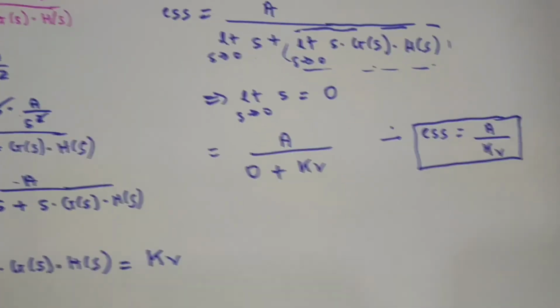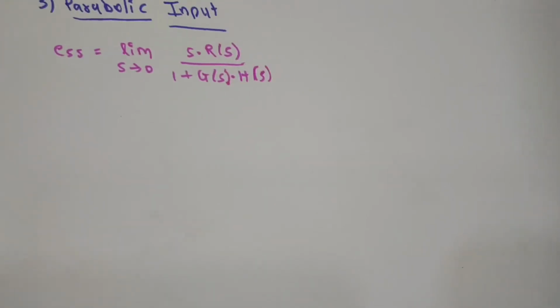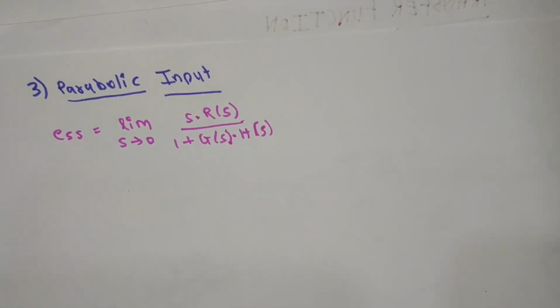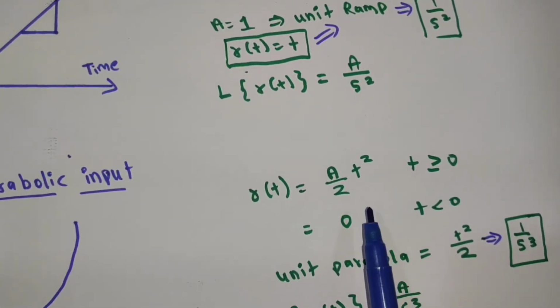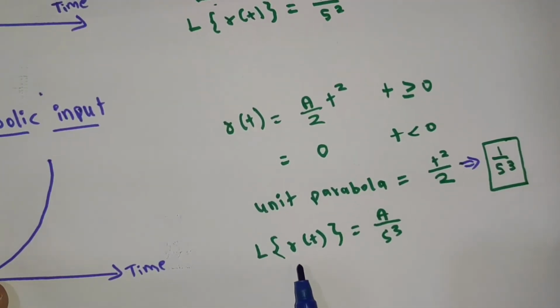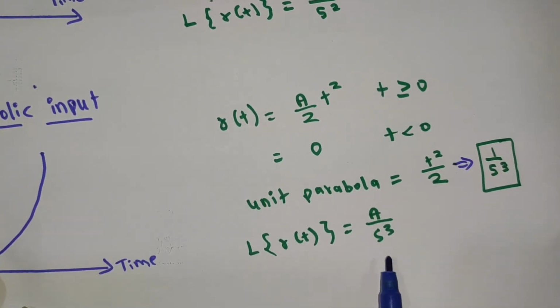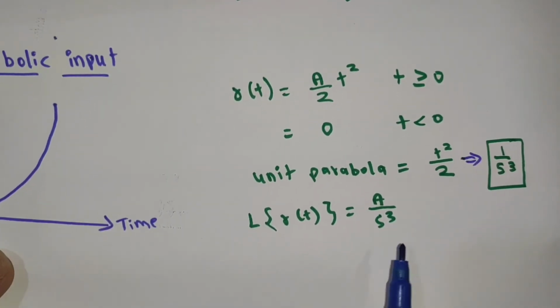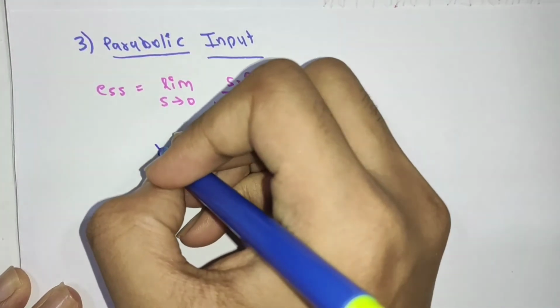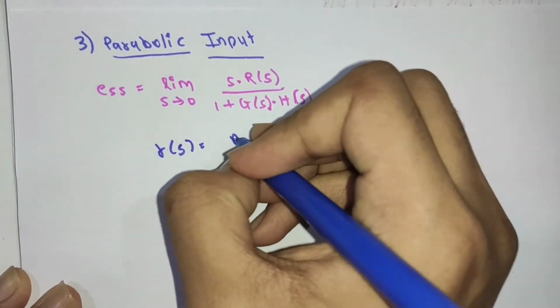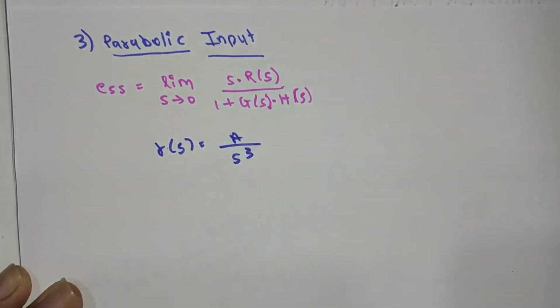Now let's see what happens when a parabolic input is applied. Now for the parabolic input, the condition is already seen by us in the previous lecture. So the condition is, for the limit r(t), the value is A by S cube. So now I can write this as R(S) is equal to A by S cube.